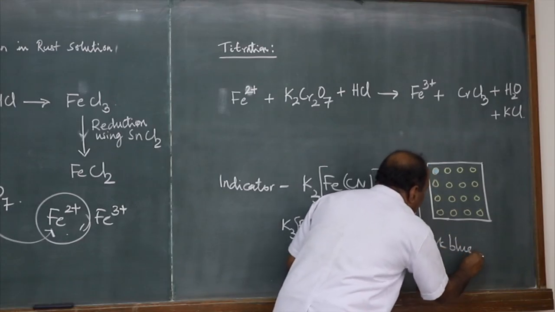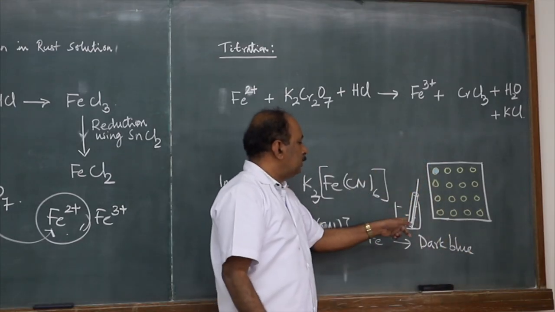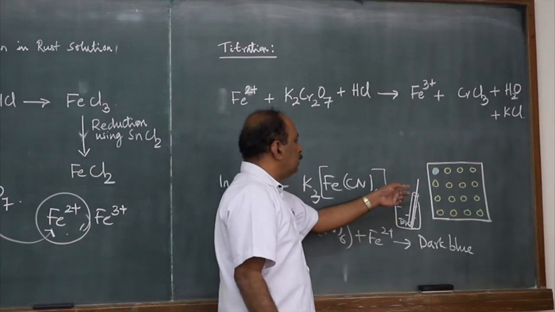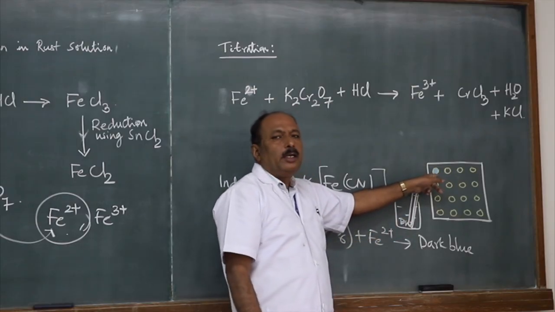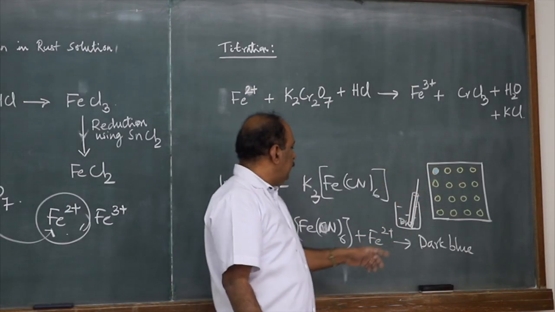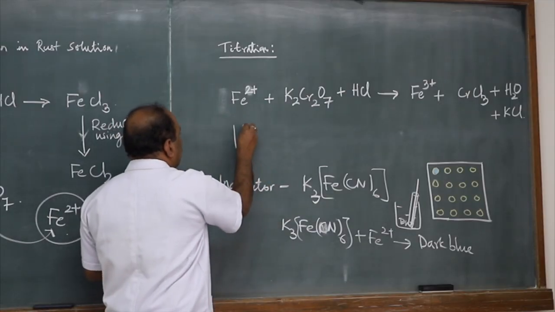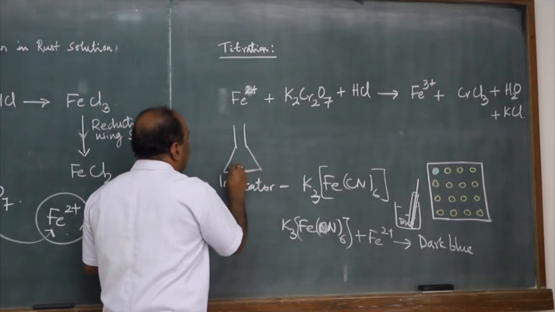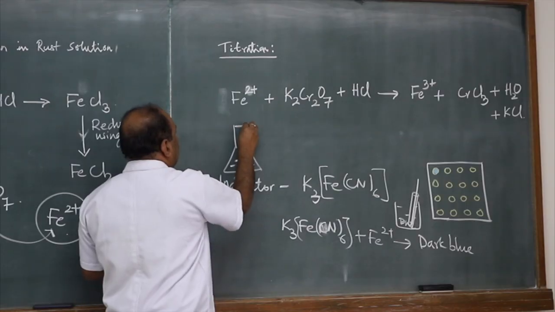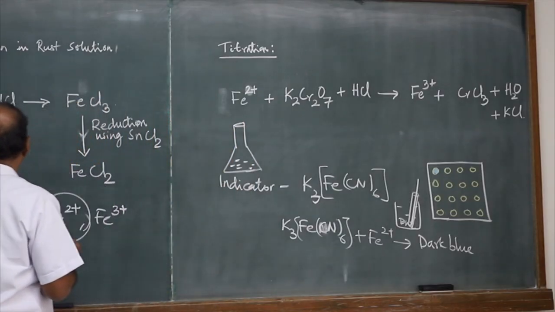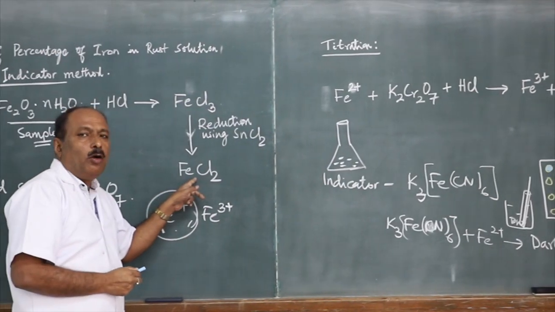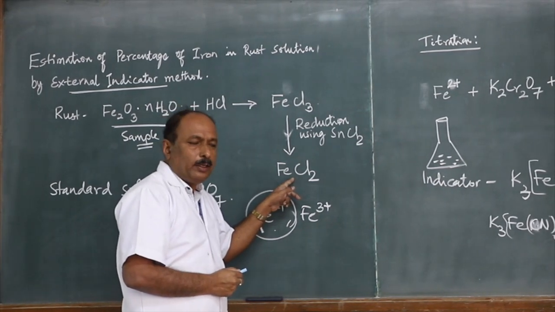Therefore, the moment you place the glass rod on this indicator droplet, that droplet becomes blue, indicating that the solution in the conical flask contains ferrous ions. That means all this reaction has happened and all the ferric ion is converted into ferrous.